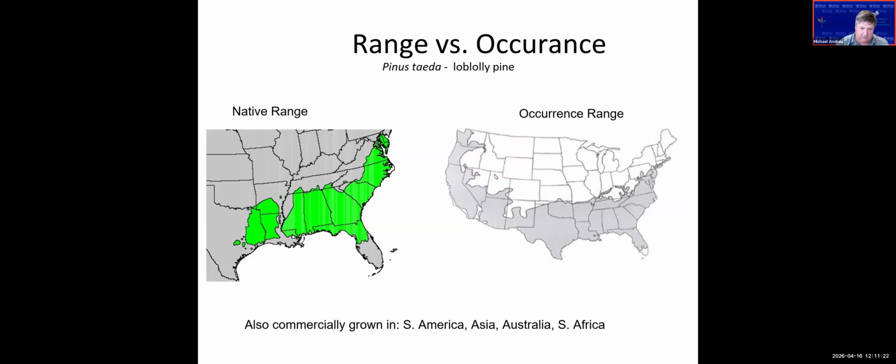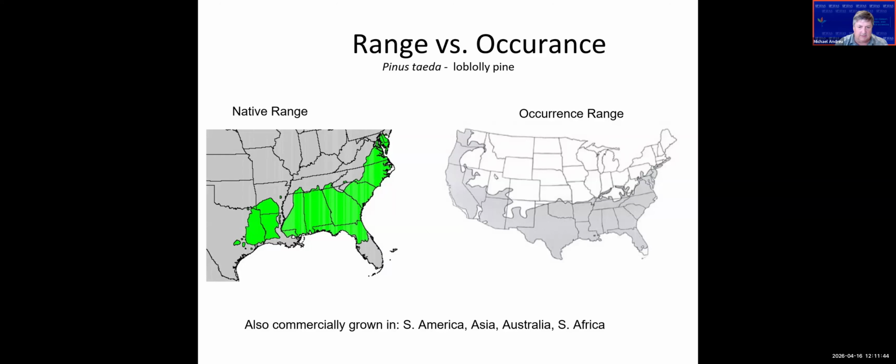One thing you can see in this map is that it doesn't extend all the way through Florida. It has evolved and grown with the disturbances in the soils and climates of these areas, but in South Florida it doesn't really show up.